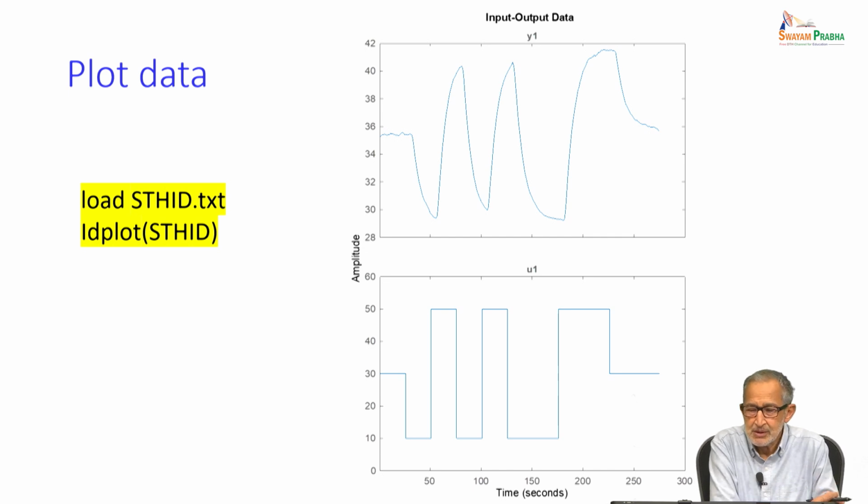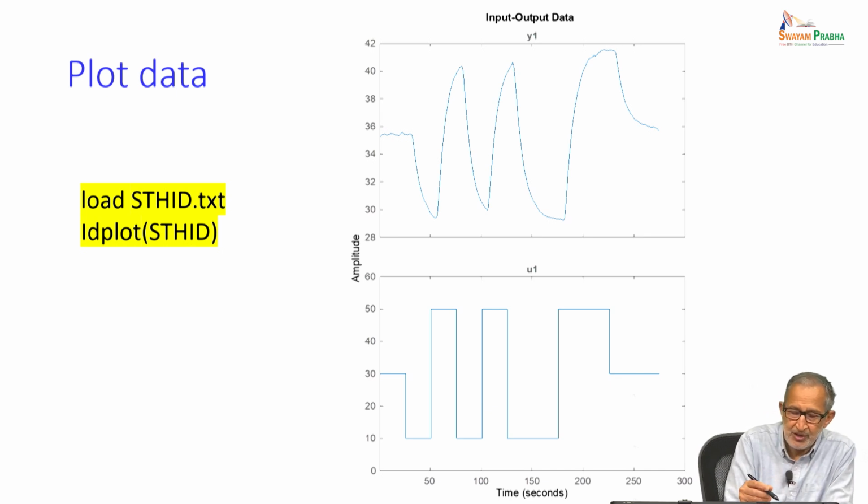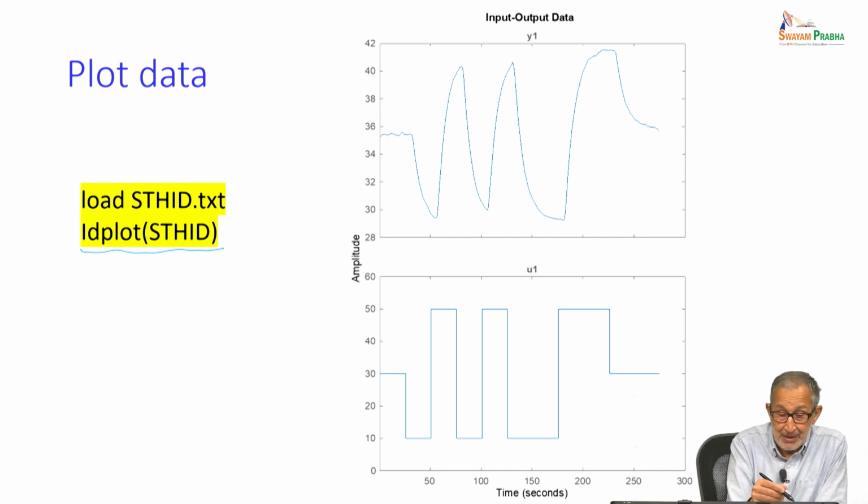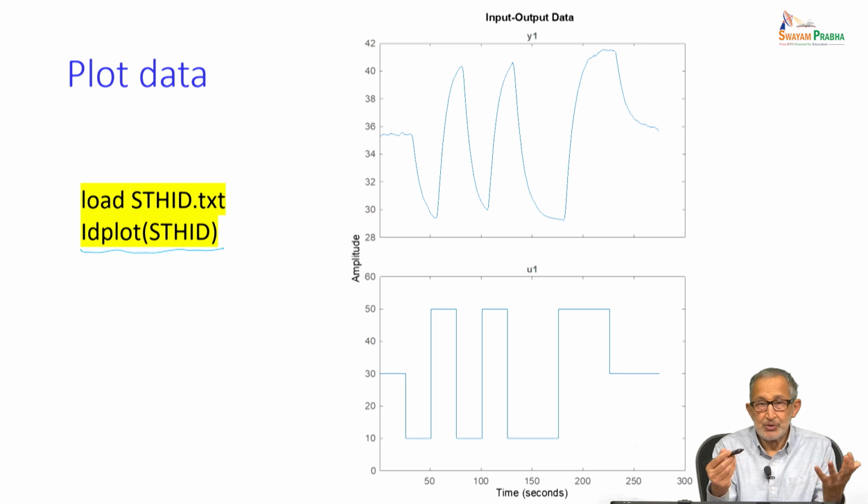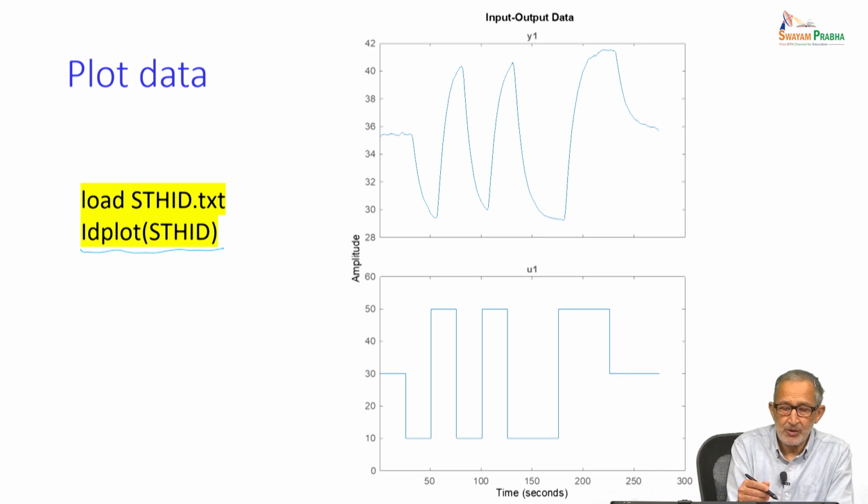And here is a plot of the output and the input. This is obtained using the function idplot in MATLAB. The data is available to people who would like to do this identification exercise, and it is in a file called STHID.txt.